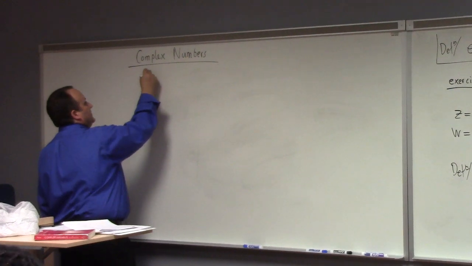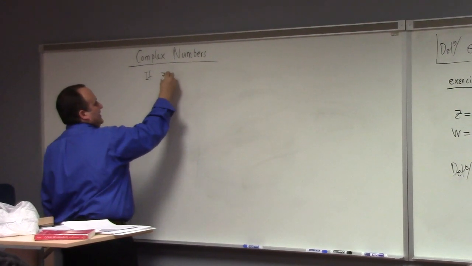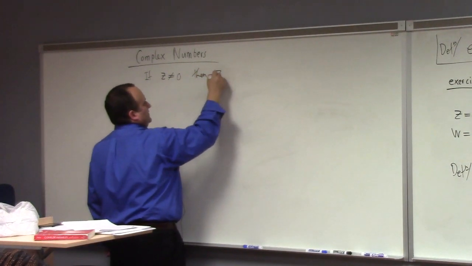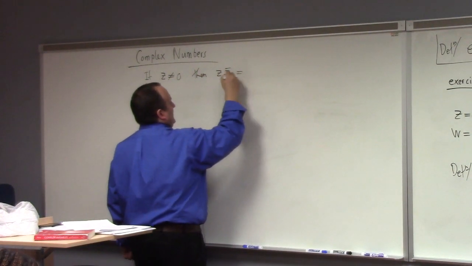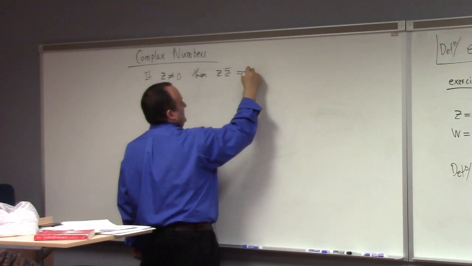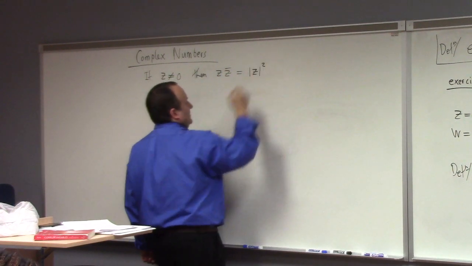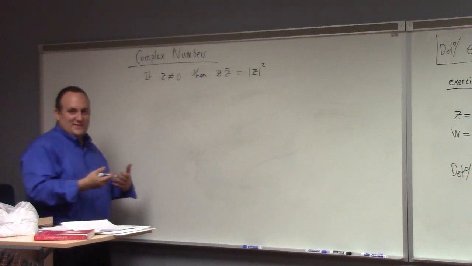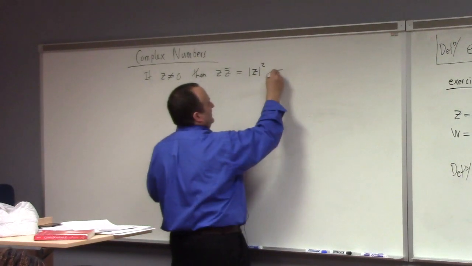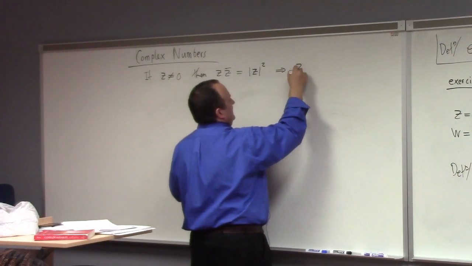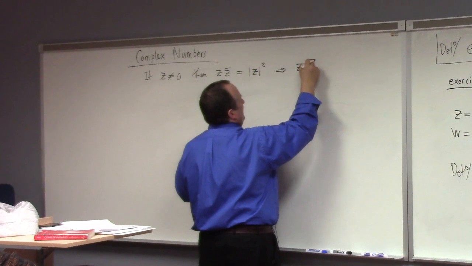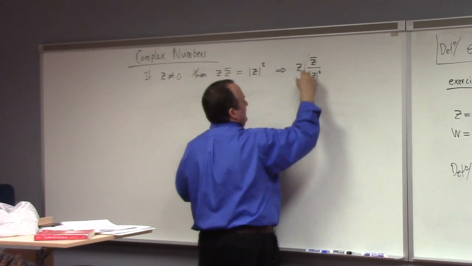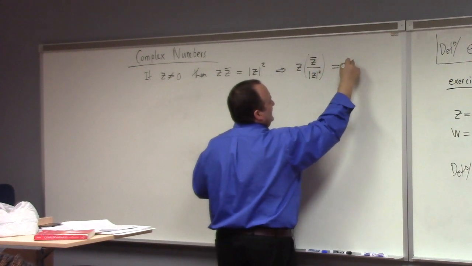So here it is. If z is not equal to 0, right, then z bar is equal to what? Well, z times z bar is equal to the modulus of z squared, right? Which is a real number, right? So what's this tell you? This tells you that z times z bar over the modulus of z squared is equal to 1.